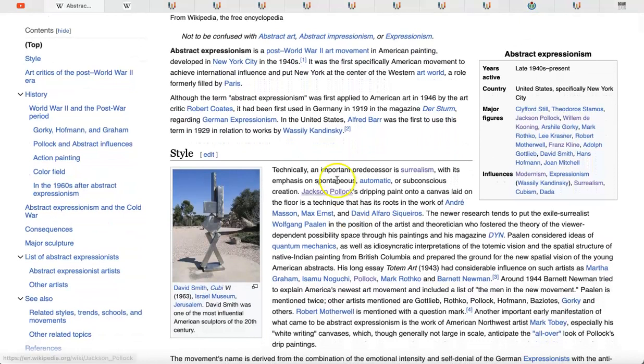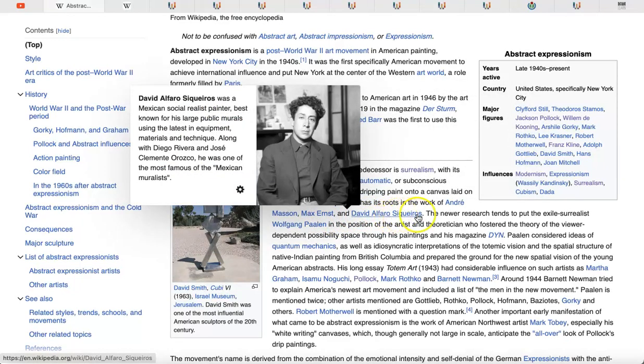It says that an important predecessor of abstract expressionism was surrealism, with its emphasis on spontaneous, automatic, or subconscious creation. Jackson Pollock's dripping paint onto a canvas laid on the floor is a technique that had its roots in the work of André Masson, Max Ernst and David Alfaro Siqueiros.